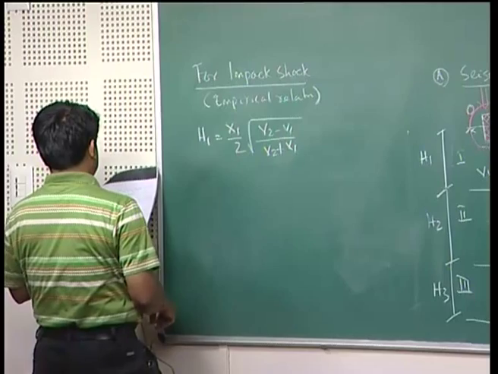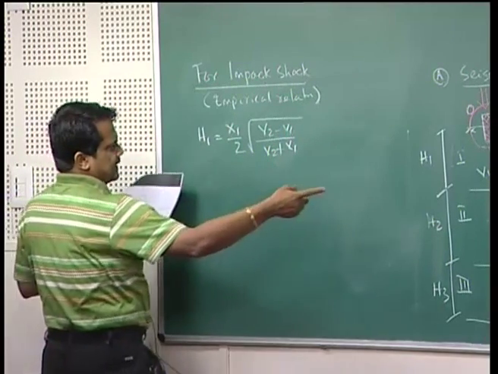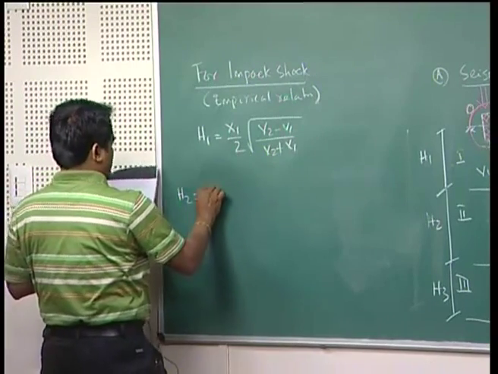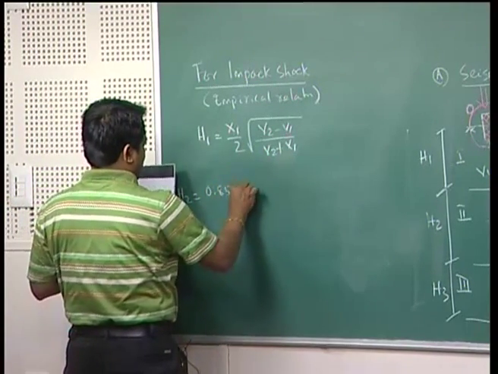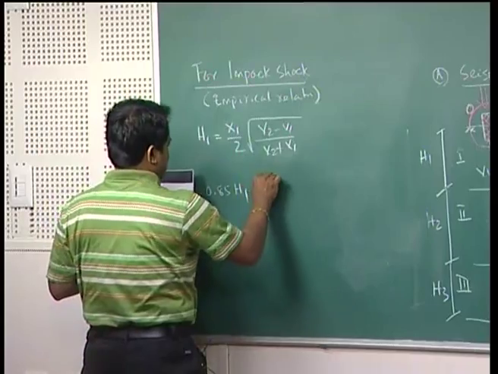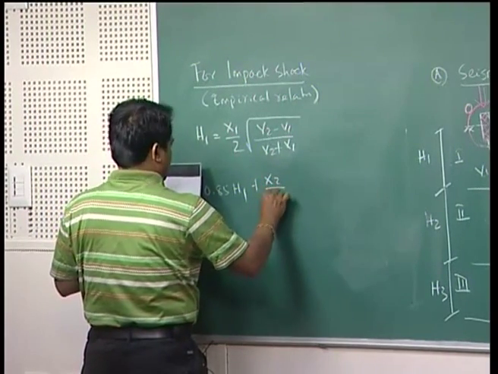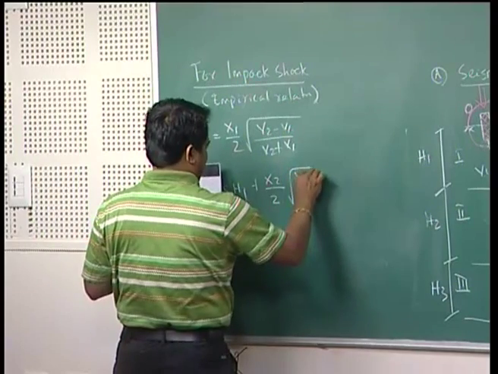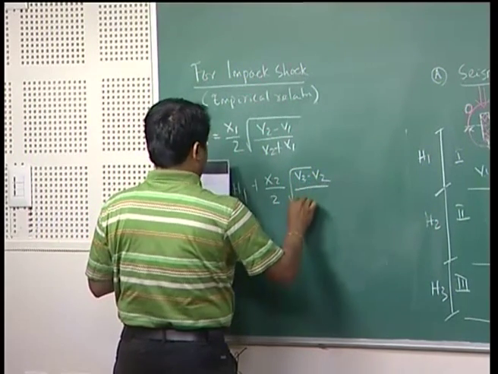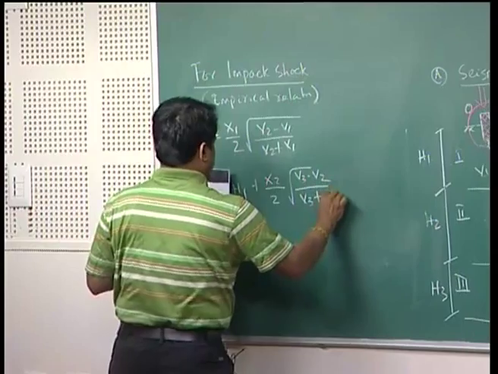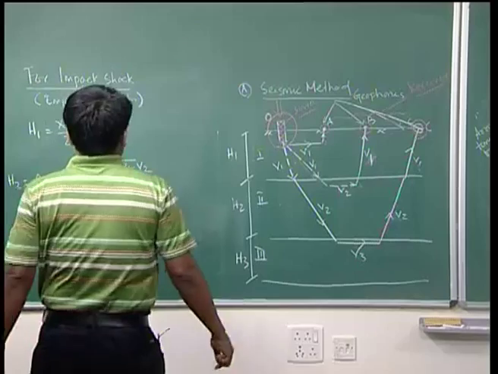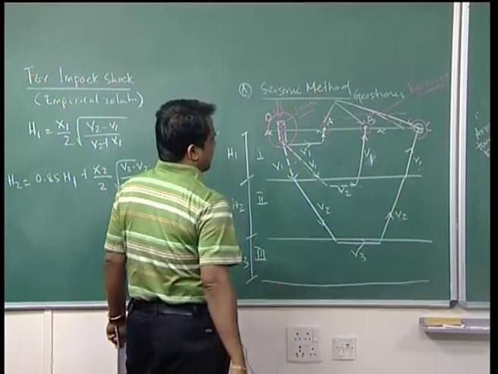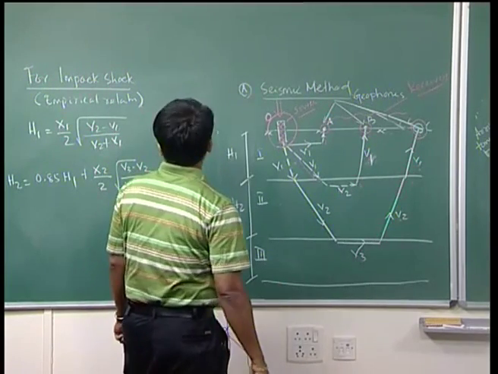Similarly, distance H2 is equal to 0.85 H1 plus x2 by 2 root over V3 minus V2 by V3 plus V2. Similarly, you can find H2 also by the principle of reflection and refraction.